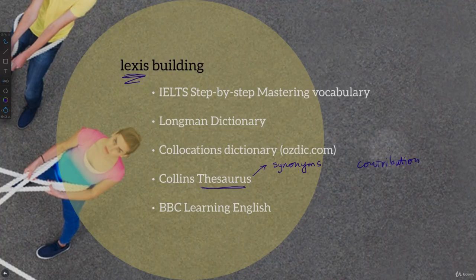It's a lovely word, but if I end up using it 3 times in an essay, it starts to sound unnatural, and that's one of the problems. If you want to get a really high mark, you want to avoid overusing certain words. Just because it sounds good doesn't mean that it needs to be repeated 3, 4, 5 times. So what we need to do is find synonyms for the word contribution, and that's where this type of dictionary comes in. And my favorite for this is Collins, and I'll show you why.